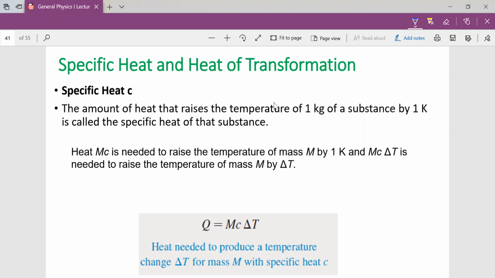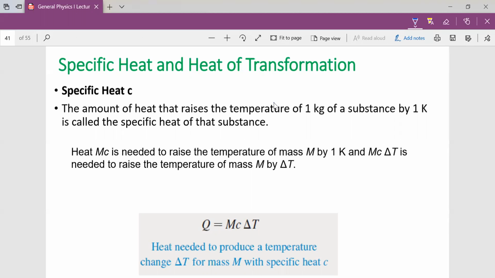Now, having defined specific heat to be the heat required to raise 1 kg of substance by 1 Kelvin, we said it varies from material to material. What happens if the mass of that substance is beyond 1 kg?